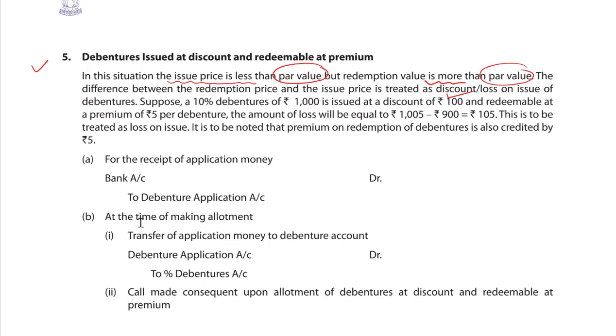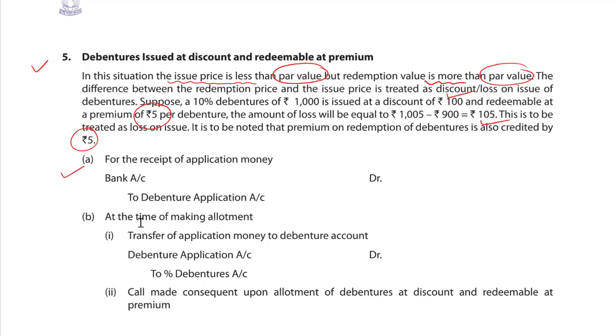Suppose a 10% debenture of 1000 is issued at a discount of rupees 100 and redeemable at a premium of rupees 5 per debenture. The amount of loss will be equal to 1005 minus 900, that is 105. This is to be treated as a loss on issue. It is to be noted that premium on redemption of debenture is also credited by rupees 5.